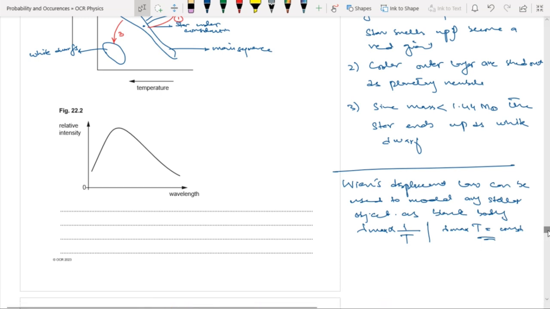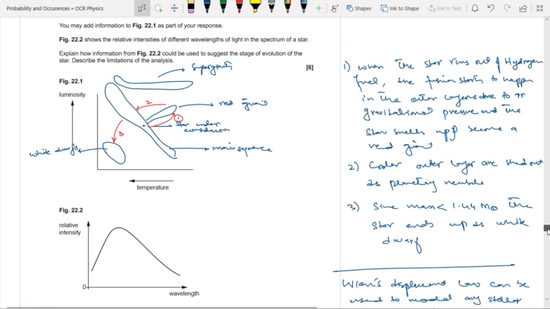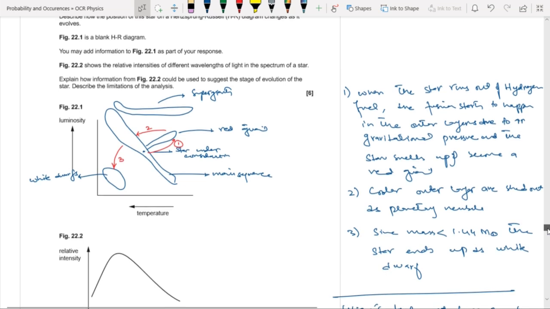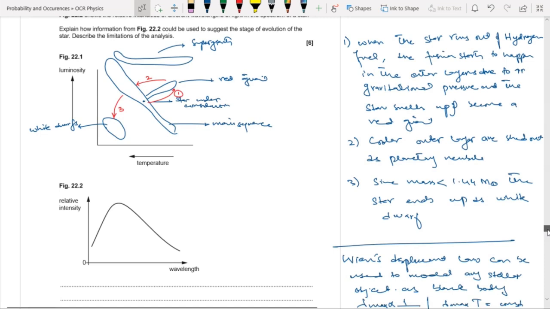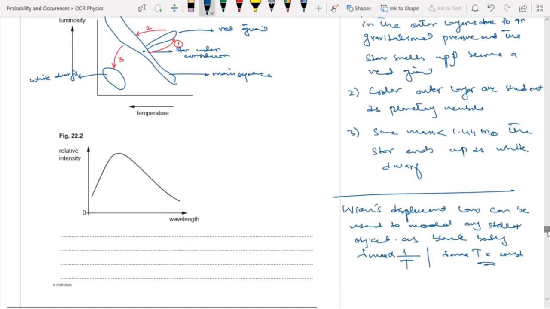So if we have to use this particular graph regarding the wavelength and relative intensity to suggest the stage of evolution of a star, we have to find out the relative intensity against the peak wavelength. Now, that's one of the limitations. We will mention that separately as well, because the data of intensity is not given. We would not be able to determine.